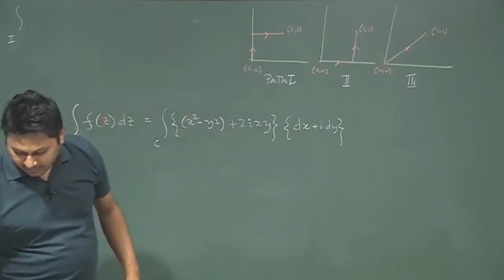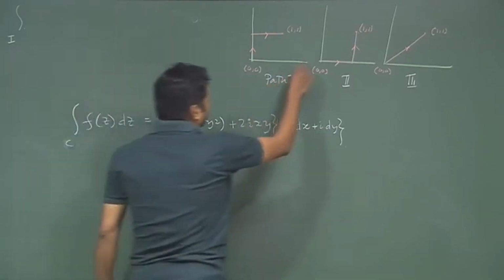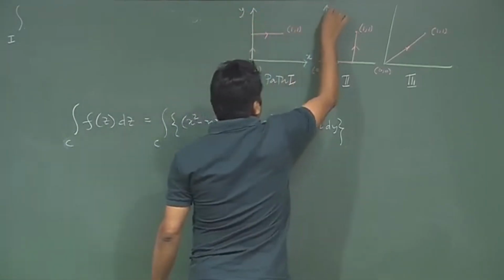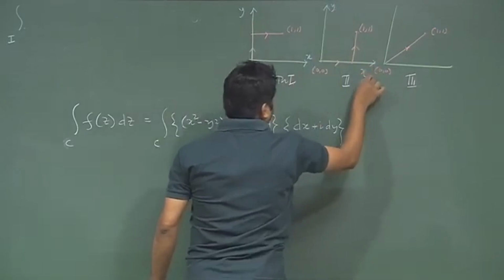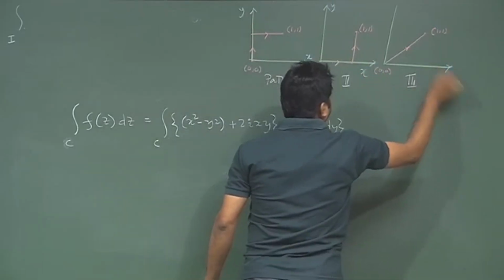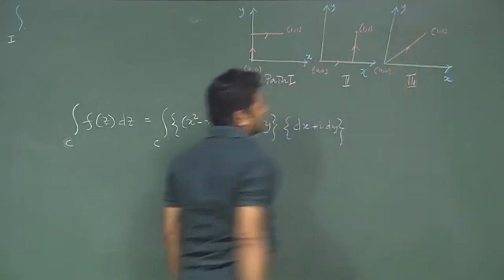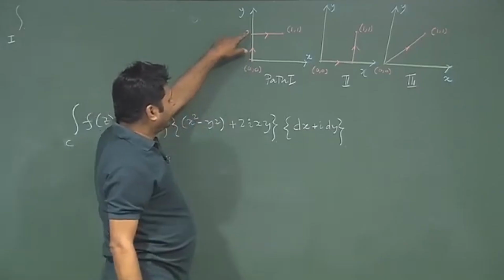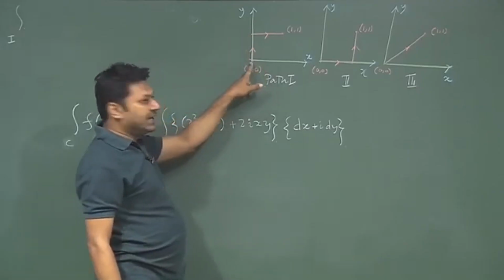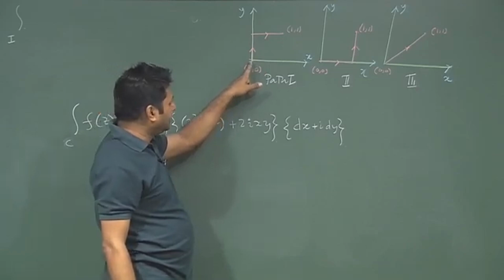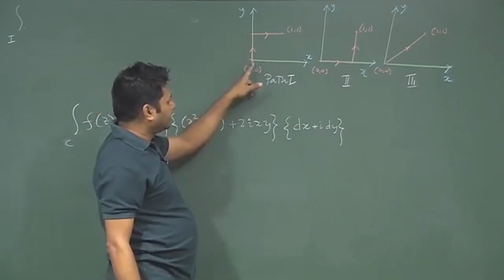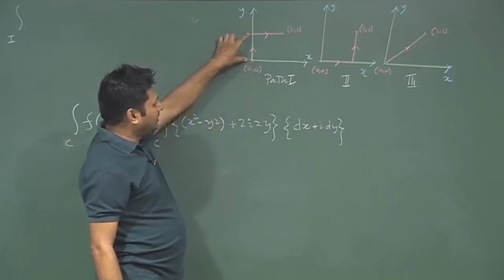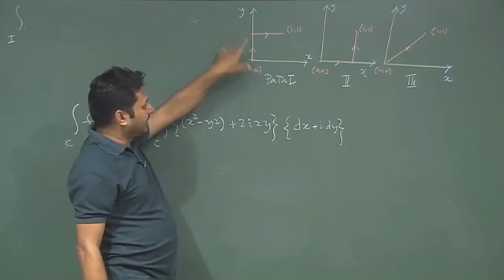Let me define x and y here. I am going from here to here, so there is no change in x, only change in y. So dx is 0 and also x is 0, because x is fixed and the fixed value is 0.